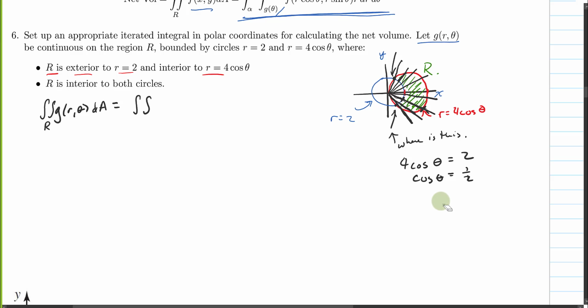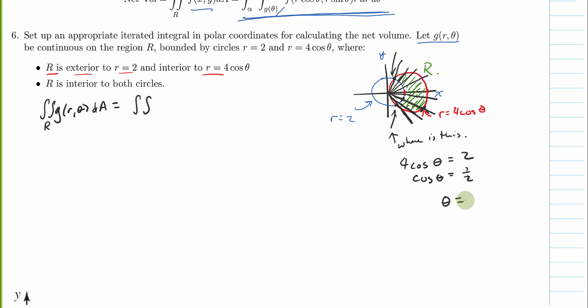And when is the cosine of theta equal to 1/2? This is where you get in a lot of trouble if you don't sketch the region. If you just trust a calculator, or don't have a picture, you can get in trouble because there are lots of angles whose cosine is 1/2.